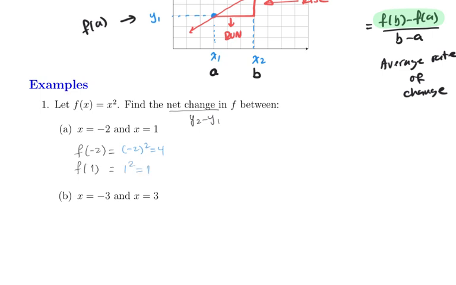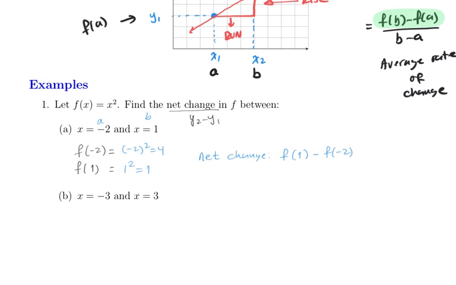So therefore, the net change is going to be f of b minus f of a. So remember, this is a, this is b. If you switch the values, you still get the same answer, so it doesn't really matter.